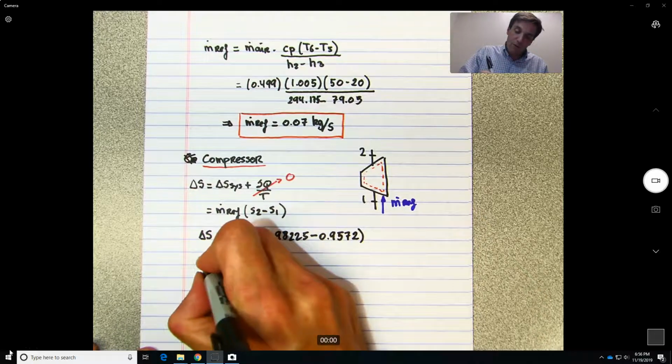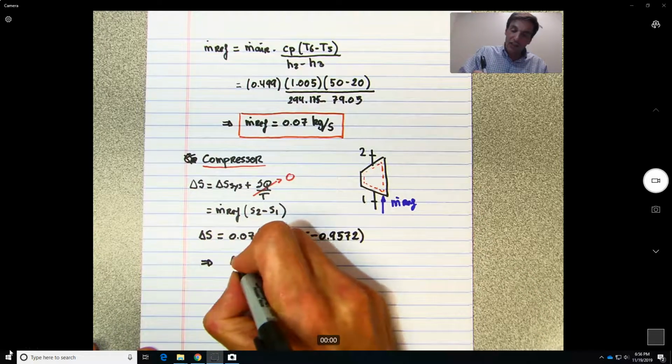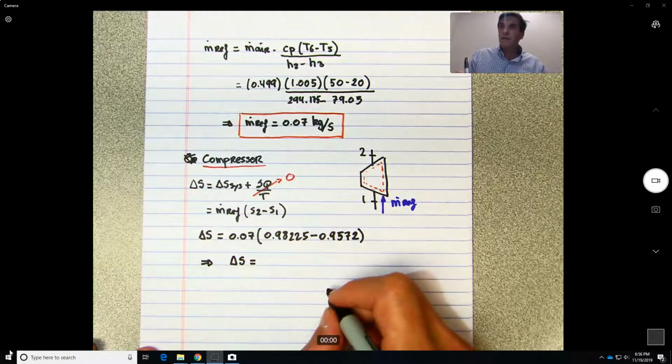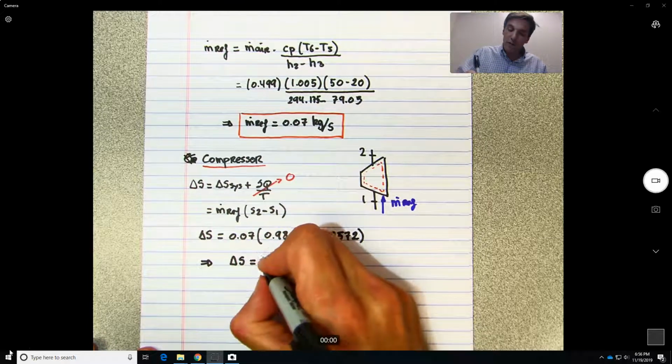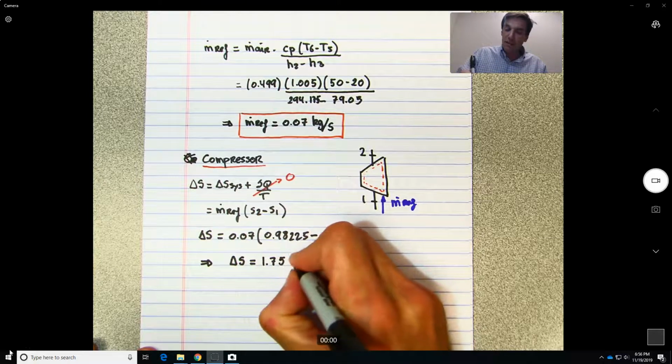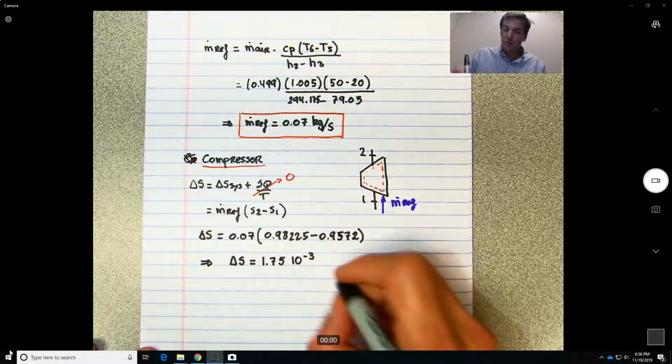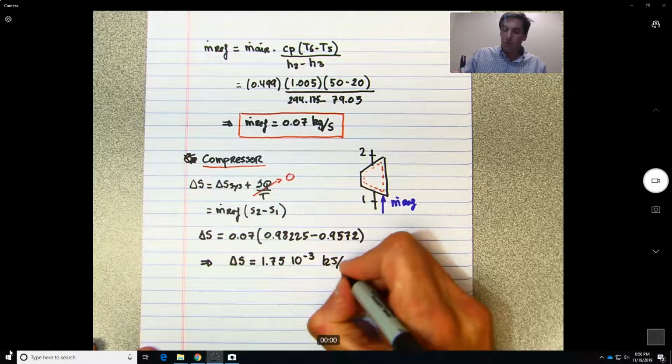So that gives us that for the compressor, the change in entropy is equal to 1.75 × 10^-3 kilojoules per degree Kelvin.